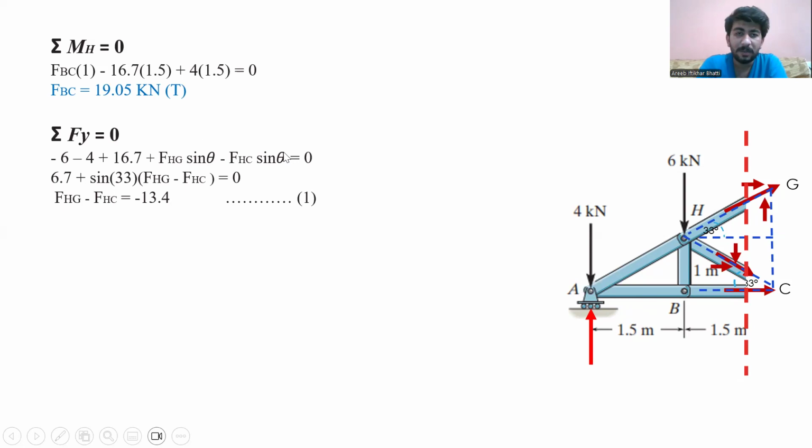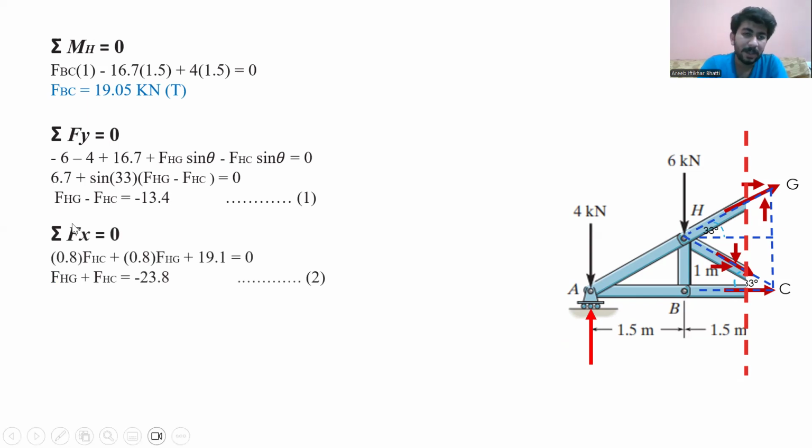Now you see that the value of theta is about 30 degrees, so I take sine theta common from these two terms. After solving this, I get the equation FHG minus FHC is equal to 13.4, and this is equation 1.